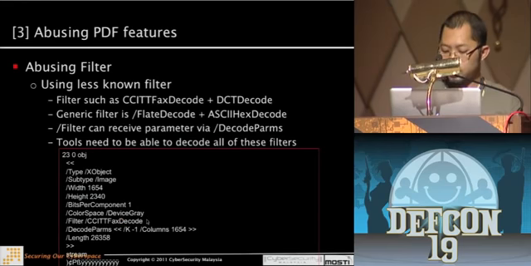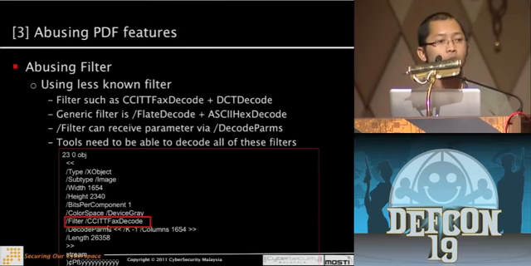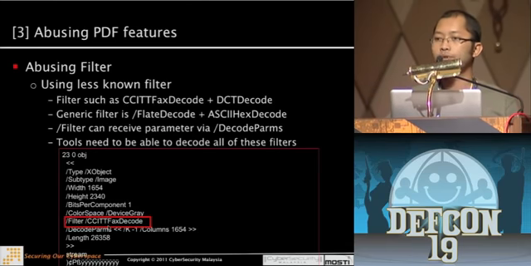For example, this code implements CCITTFaxDecode. It's normally for images, but it doesn't really matter. It's not necessarily an image. You can put whatever you want, as long as it's within the format of CCITTFaxDecode.